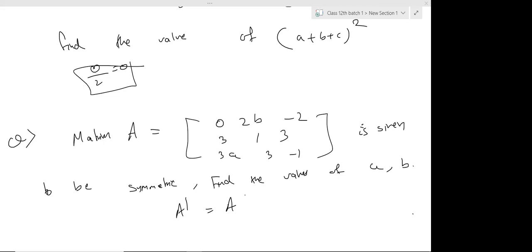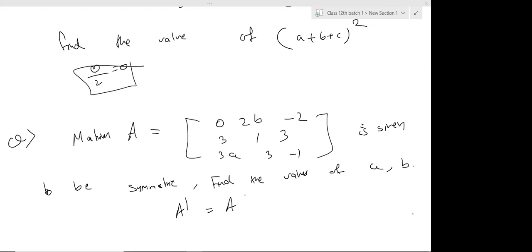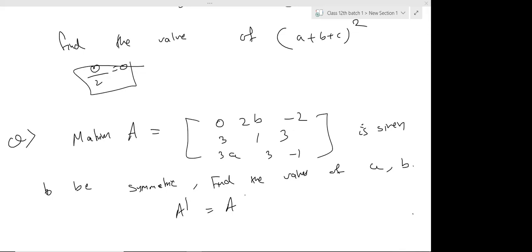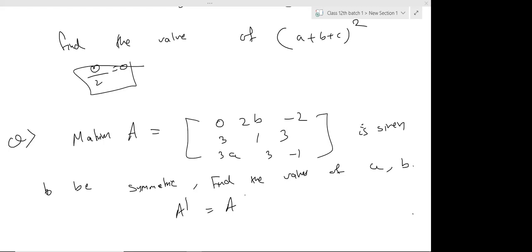Hamza, Krishna? Yes, sir. All right. So the value of B here will be minus 2 by 3, right? Krishna, this is clear? Sir, can you repeat again, sir? Yeah, the value of B is 3 by 2 and A is minus 2 by 3. Yes, sir. All right. So this is clear? No need to solve? No need, sir. All right. Let's move ahead.